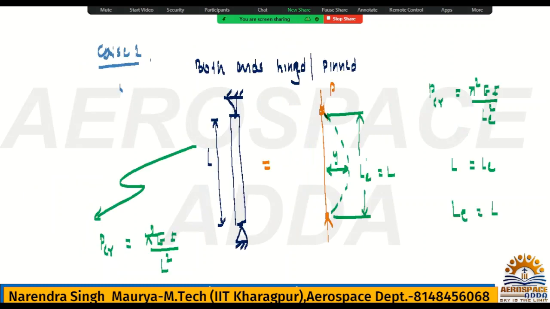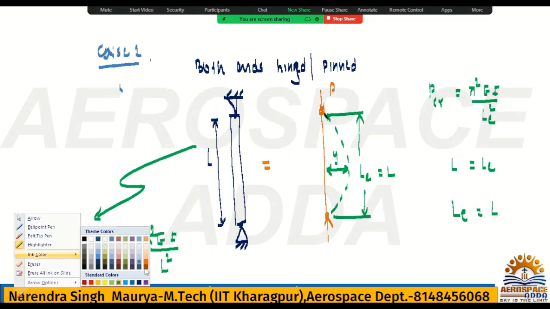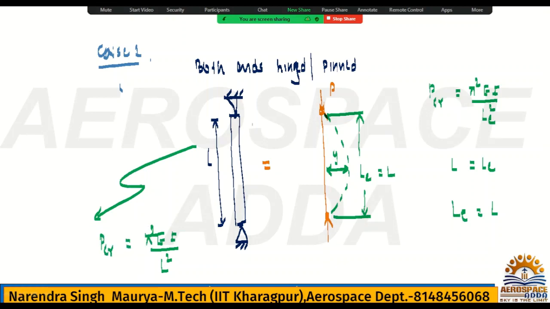See here, these are the columns with different given conditions. This is hinge, this is the dot one, the dot itself showing this is hinge. Here we have a dot, so this is hinge, this is also hinge.